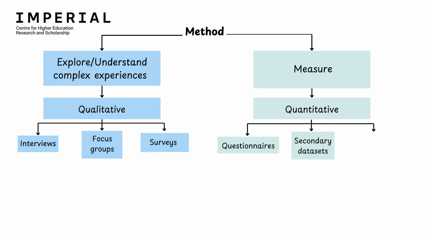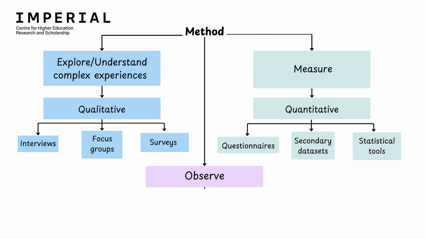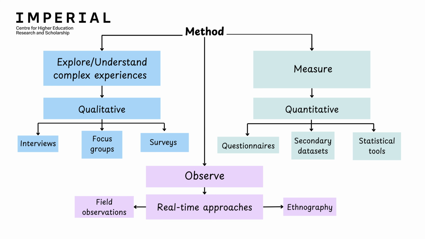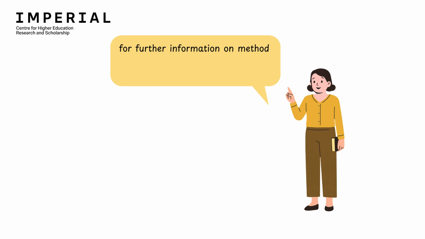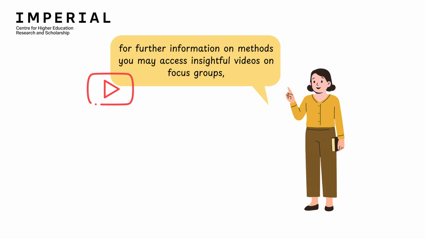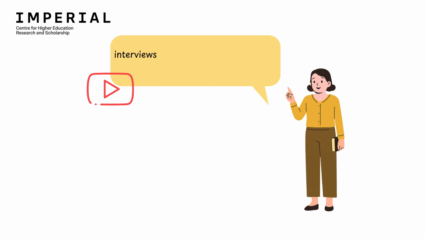Questionnaires, secondary data sets, or statistical tools are often used to quantify patterns and attitudes. If you're aiming to observe, consider real-time approaches. This could include field observations or ethnography. For further information on methods, you may access insightful videos on focus groups, interviews, and surveys on the following link.